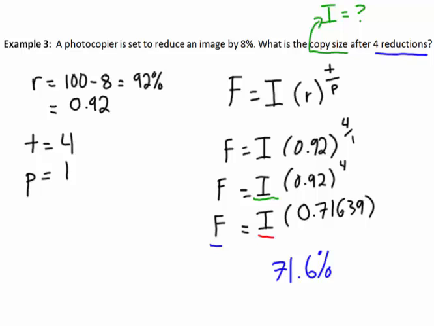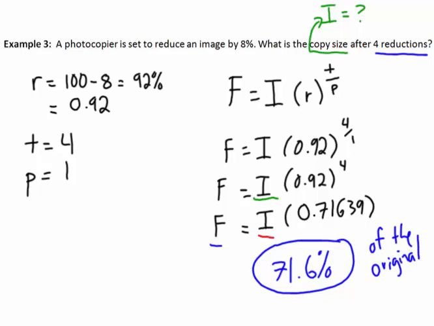So we've reduced it down to 71.6% of the original. And sometimes that's all we need to know. What is the percentage that has been reduced or increased?